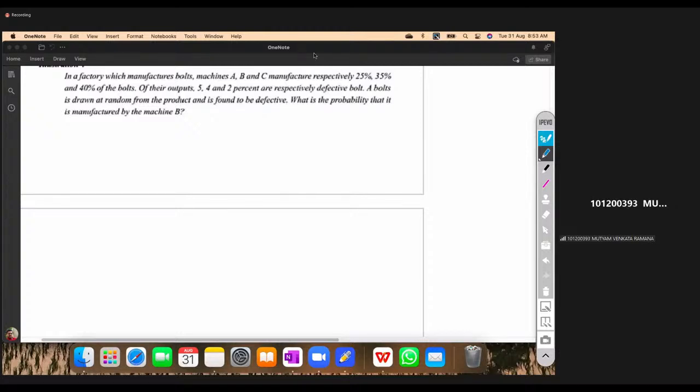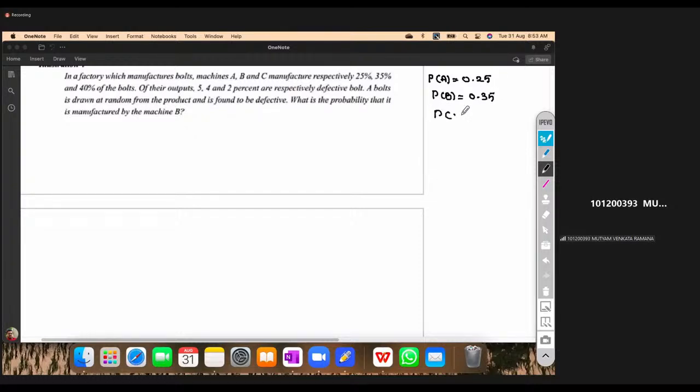I'll explain for the people who haven't got this one. So what is this one? Probability of A is equal to 0.25. Probability of B is equal to 0.35.